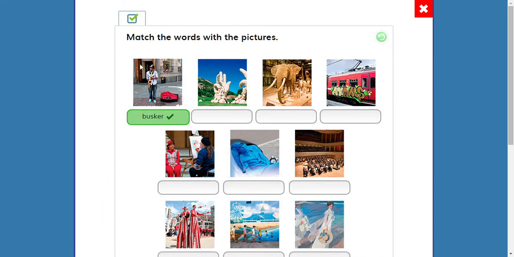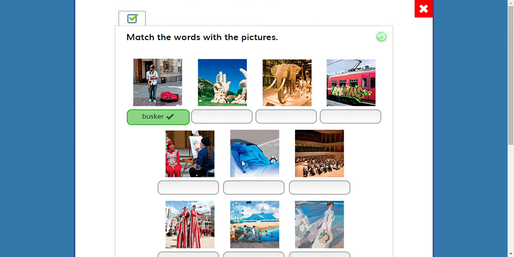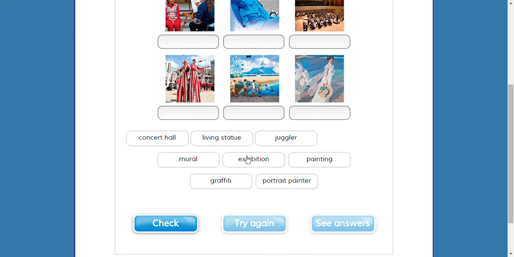Now, let's see if you can identify. Look at this. This is a busker. It's a person playing the saxophone on the street. They play the instrument and people give him some money. Okay. What about number 2? Sculpture? Let's see what is a sculpture here. And next, an exhibition.